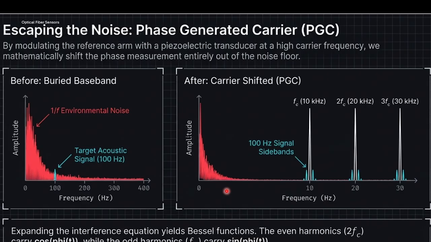And moving to the next thing, which is escaping the noise: phase generated carrier, PGC. By modulating the reference arm with a piezoelectric transducer at a high carrier frequency, we mathematically shift the phase measurement entirely out of the noise floor. Before, it is buried in the baseband like this, and after carrier shifting with PGC, the intensity of the signal is enhanced quite high.